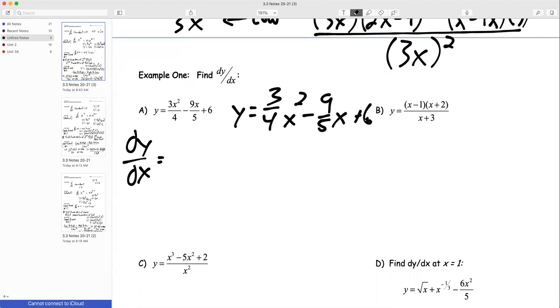And now I can use my shortcut. These two things are equivalent, right? I just pulled the coefficients out there in front. So the exponent is 2. 2 times 3/4 gives me 6/4, right?